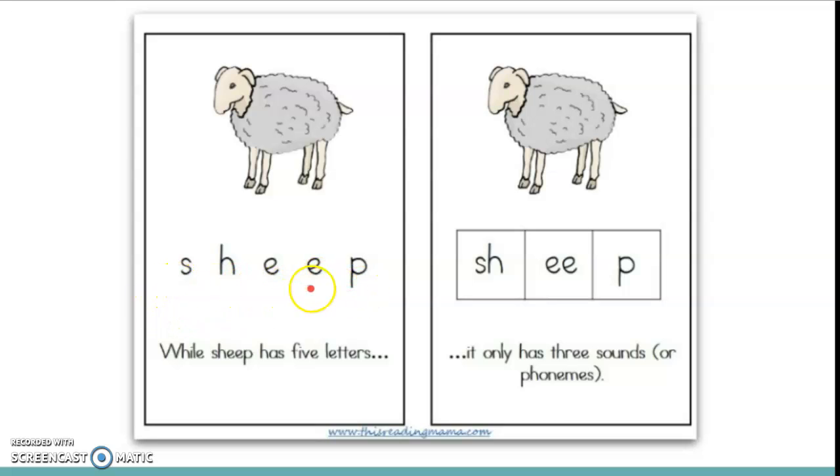Sh, e, p. We're going to say, okay, I hear 3 sounds. So I'm going to draw 3 boxes, and I'm going to put the letters for each of those sounds, or their graphemes, into the boxes. So sh, we know that's sh. E, 2 e's. P, sheep.